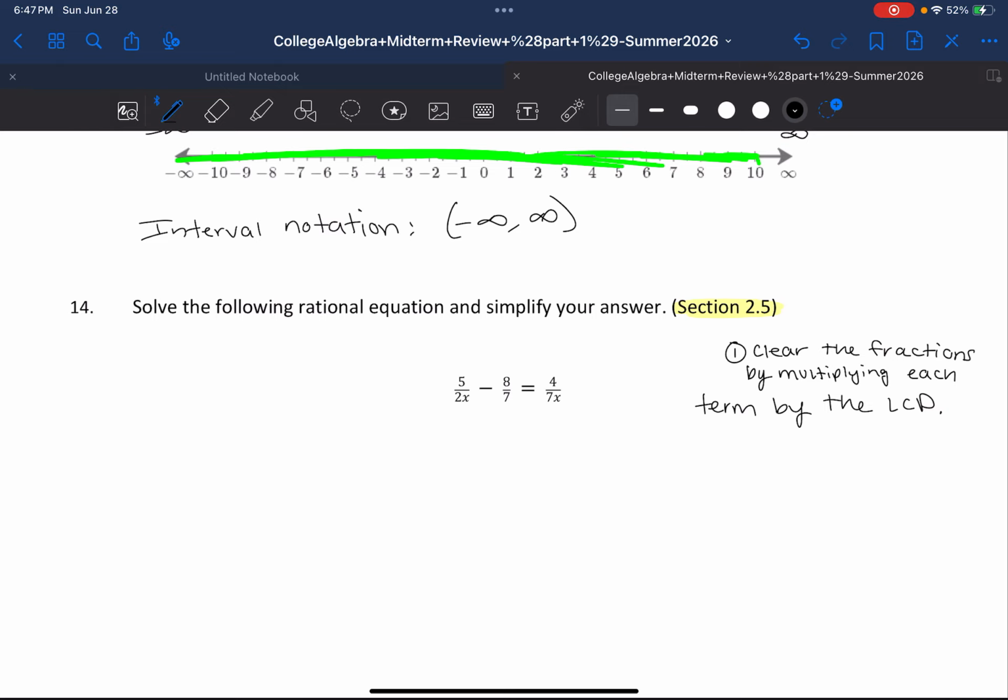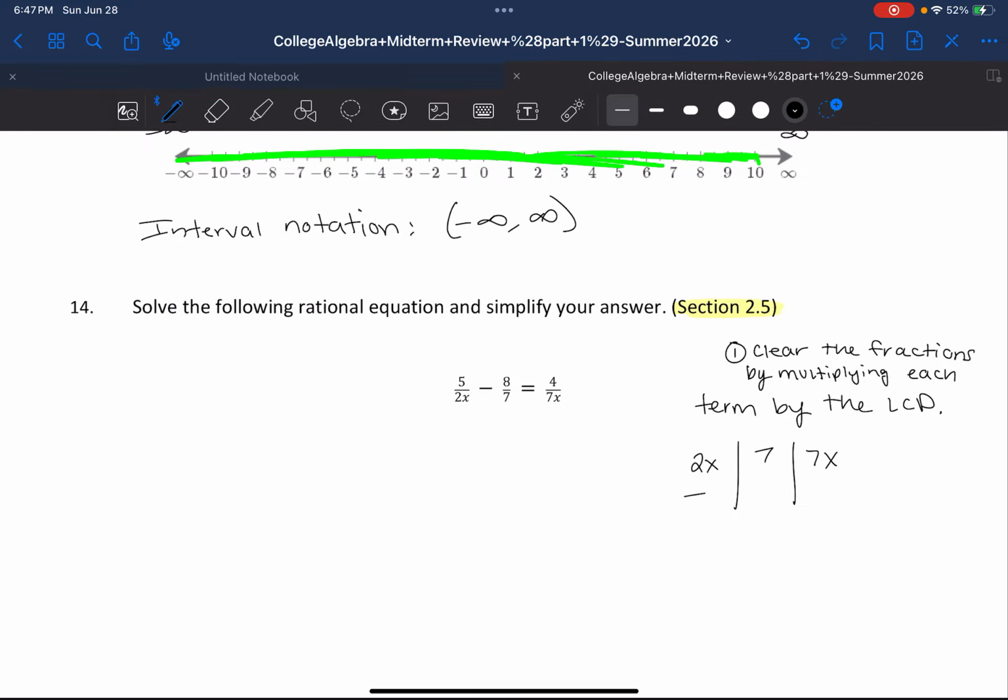Okay, so before that can happen though, we need to know what the least common denominator is. So, to find the least common denominator, you are going to write down all these denominators. 2x is the first one, 7 is the second one, and then 7x is the third one.